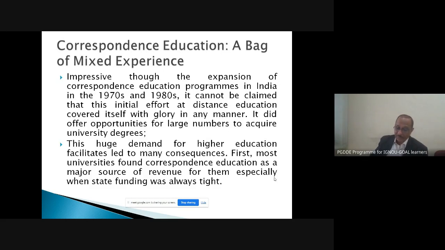That is a very bad step as far as the correspondence institutions are concerned. That became a drawback, a weakness, a point for criticism.